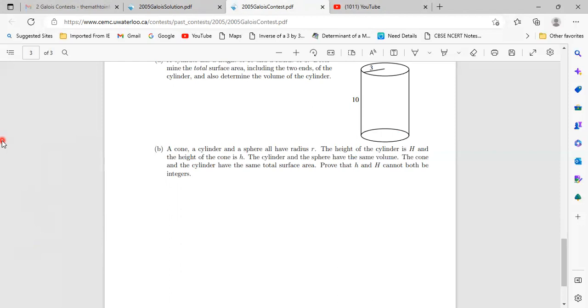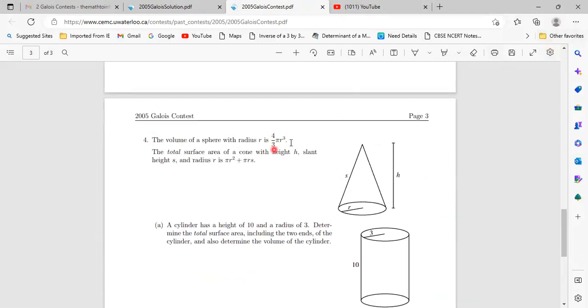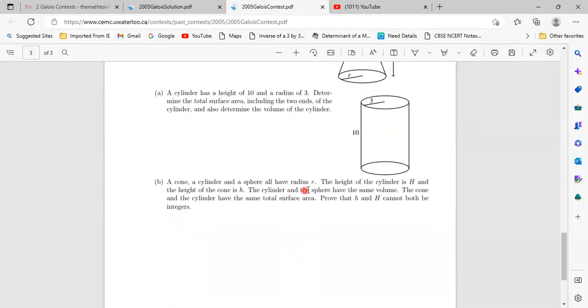It's 4 by 3 pi r cube. Simple. So they're saying that this 4 by 3 pi r cube is equal to the volume of the cylinder, which means pi r square H is equal to 4 by 3 pi r cube.